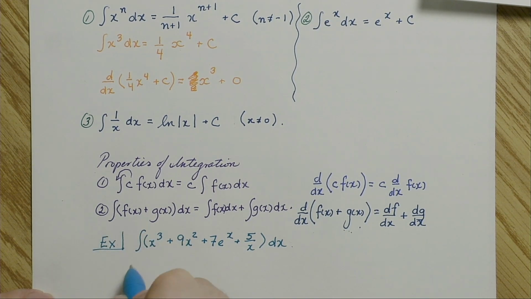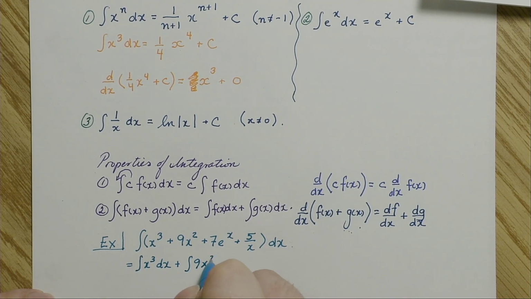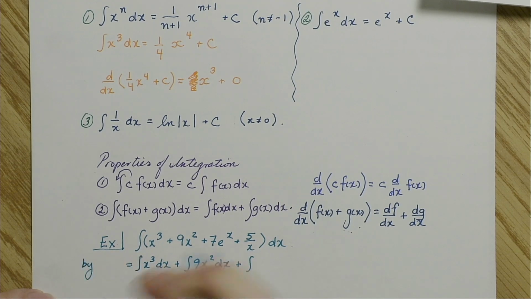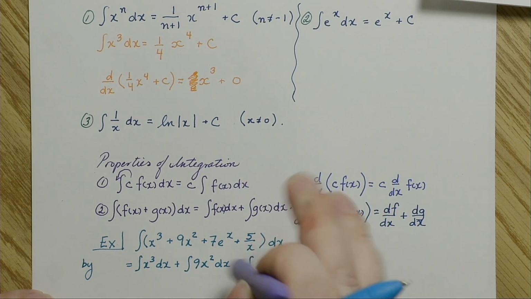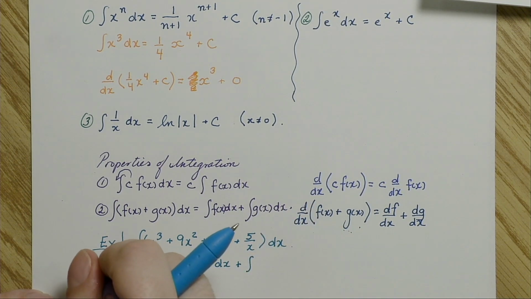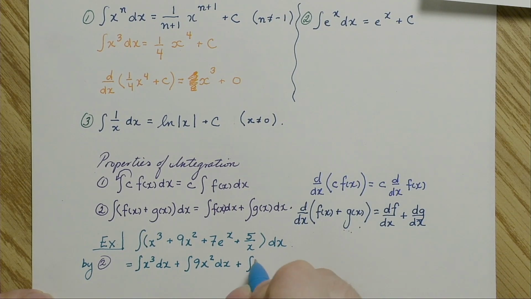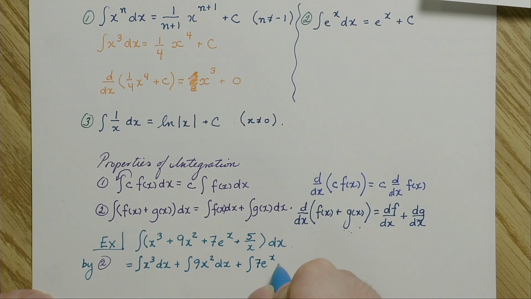Using property 2, I can break all that up into individual integrals. So I have the integral of x cubed dx, plus the integral of 9x squared dx, plus the integral of 7e to the x dx, plus the integral of 5 over x dx.